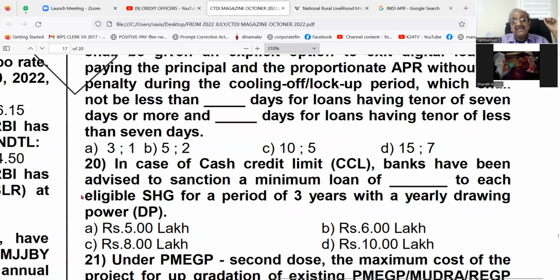Read it once again. In case of cash credit limit (CCL), banks have been advised to sanction a minimum loan of 6 lakhs to each eligible self-help group for a period of 3 years with a yearly drawing power.